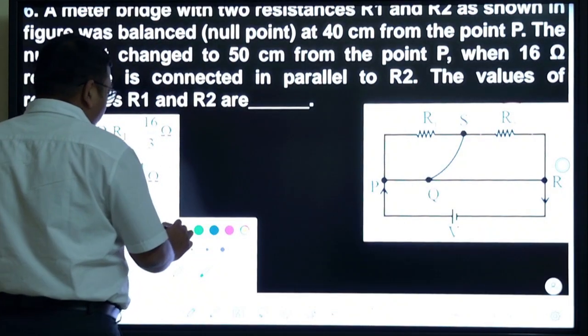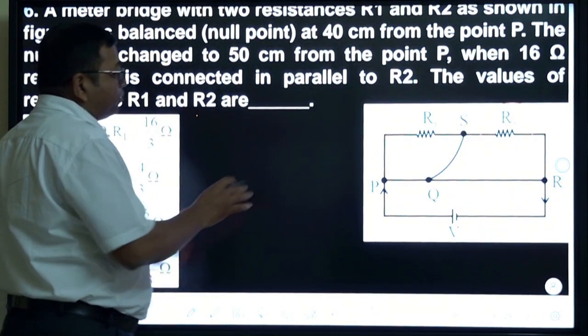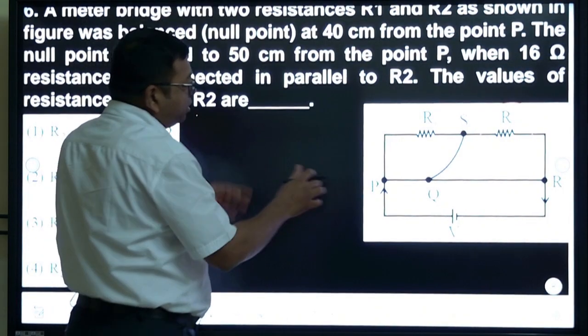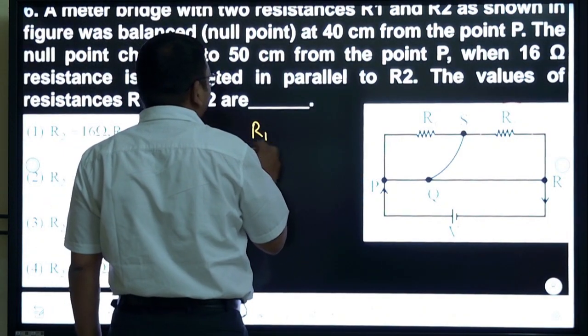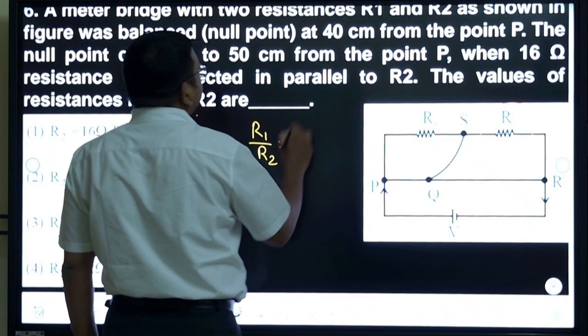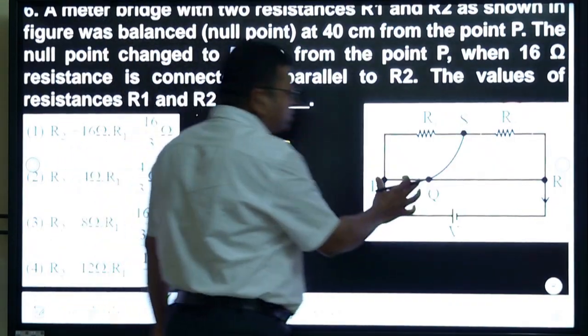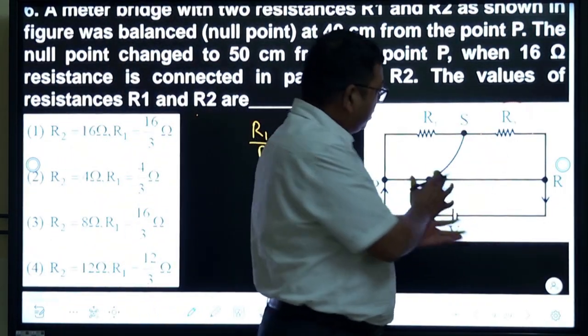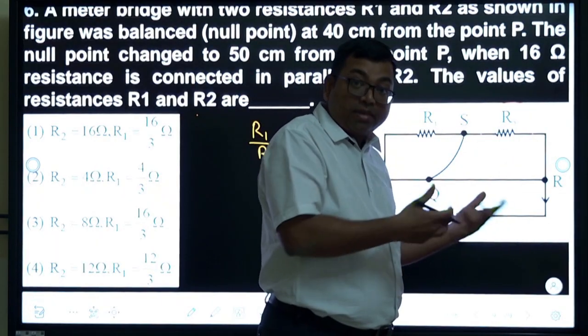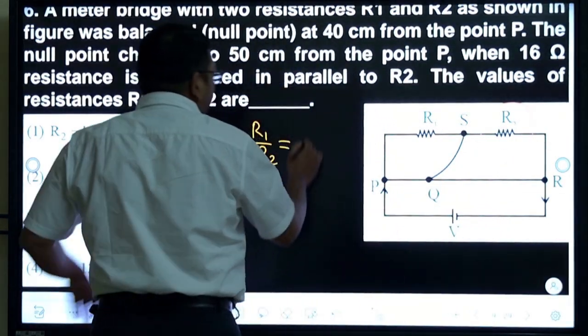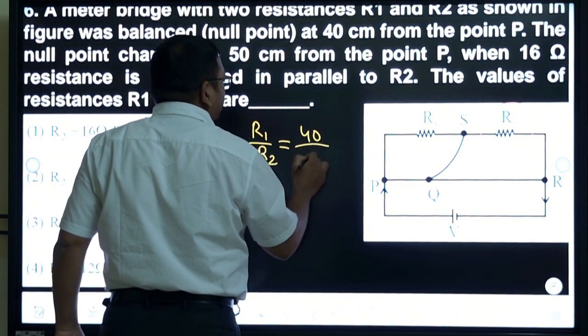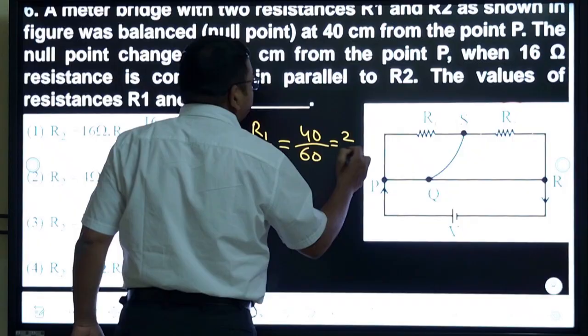Okay, so what do you have to do? First of all, what is that ratio? Initially it is balanced, right? So R1 by R2, this is balanced at 40 centimeter. That means this is 40 and the remaining is 100 minus 40, that means 60. So 40 by 60, which you can write as 2 by 3.